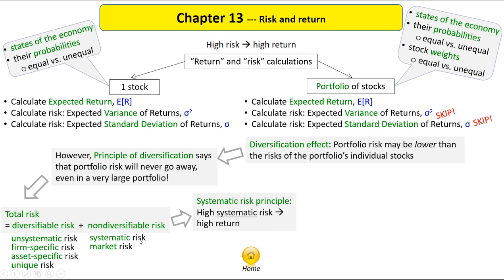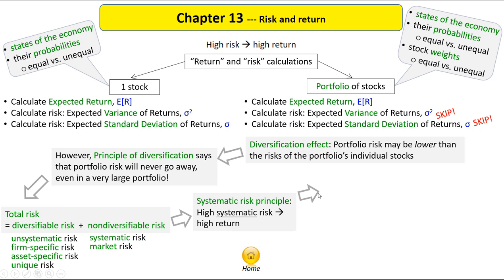So only the systematic risk, the risk that you cannot change, that you have no control over, that you cannot diversify away with a large portfolio, should be rewarded with a high return.